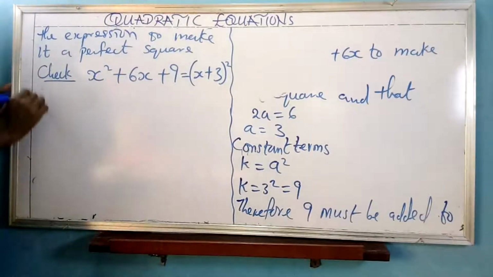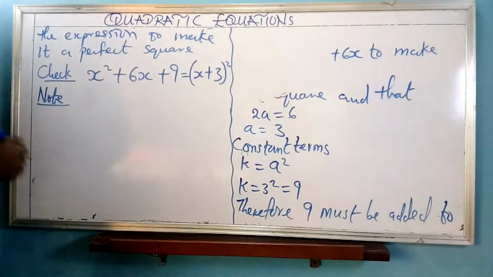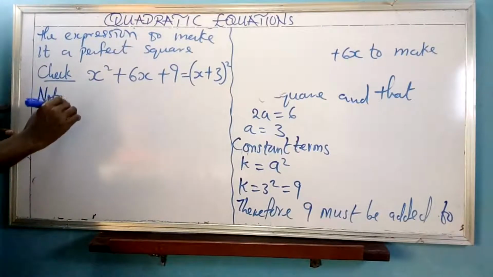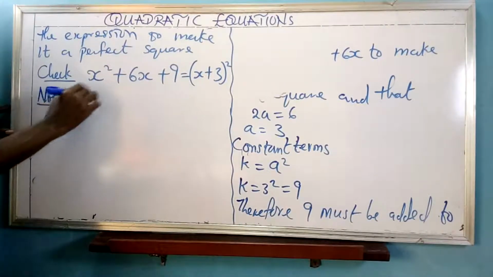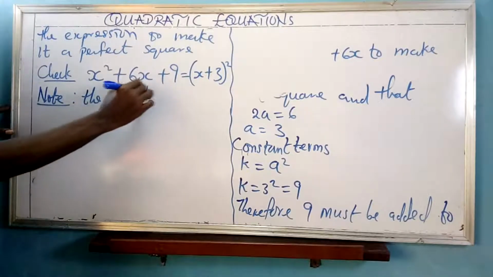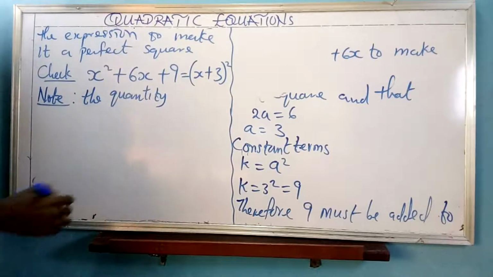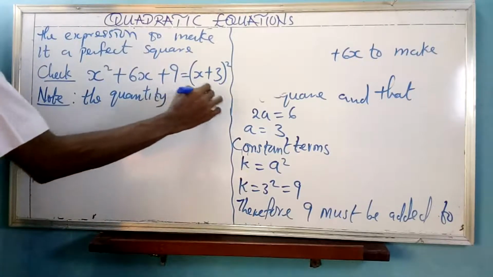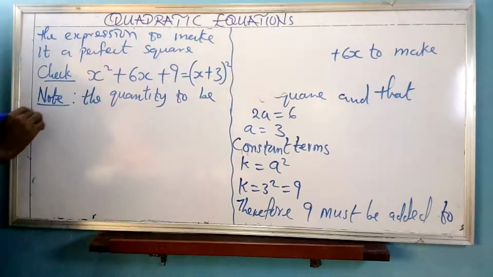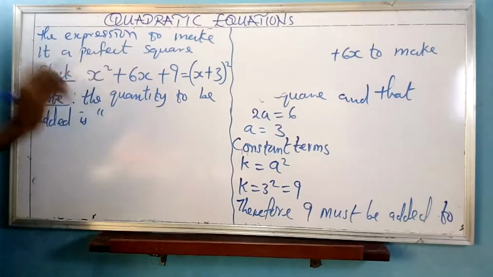Note something here. I want you to note something here. So we don't need to be going by opening the brackets with it. When you understand this, what I want to put down on the board: the quantity to be added is, that they want to give us a clue, something that we have to be using.